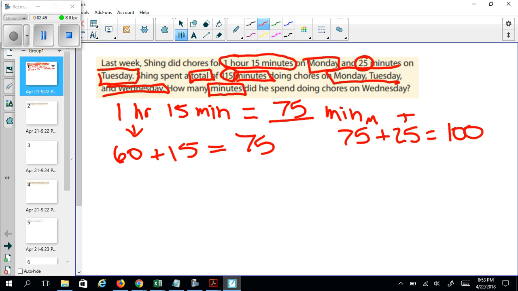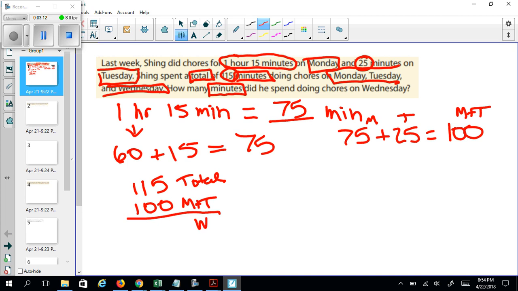Now we need Wednesday. Okay, so we need the Monday plus Tuesday and the Wednesday to equal 115 minutes. So in order to do that, I have 115 minutes, which is the total. I have to find how much for Wednesday. Now this is Monday and Tuesday. I need to find Wednesday.